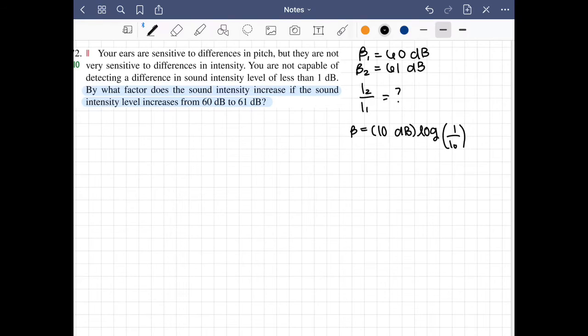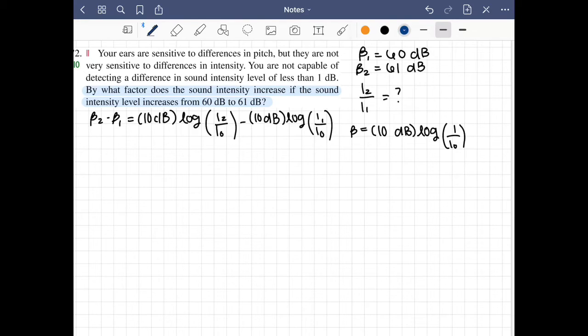This means that we can write that the second sound intensity level minus the first sound intensity level is equal to 10 decibels times the logarithm of I2 divided by the threshold, minus 10 decibels times the logarithm of I1 divided by the threshold.